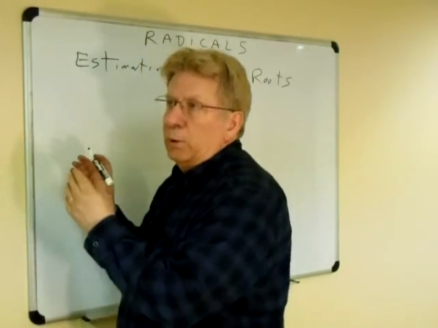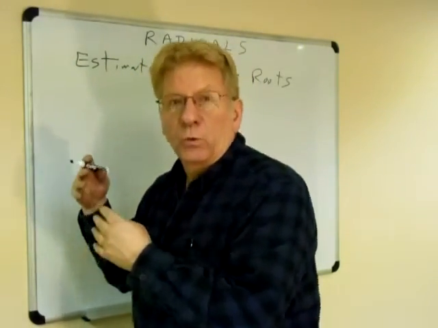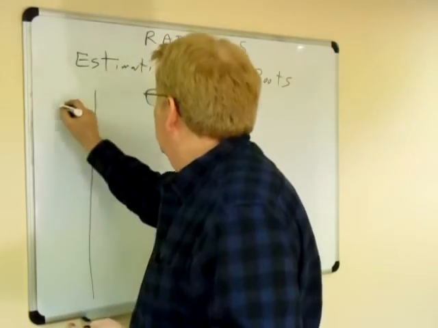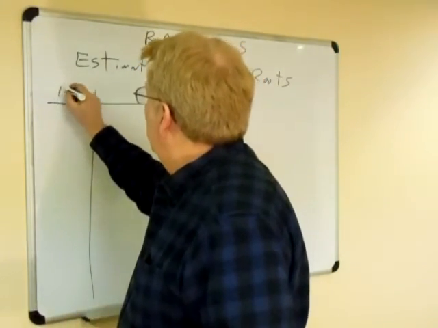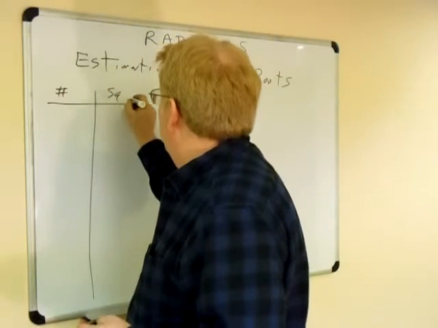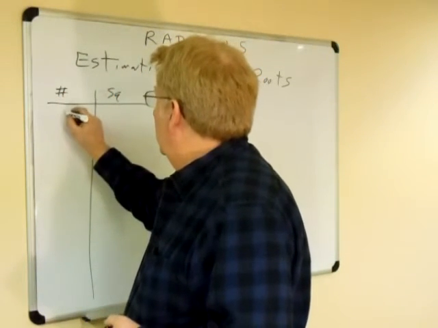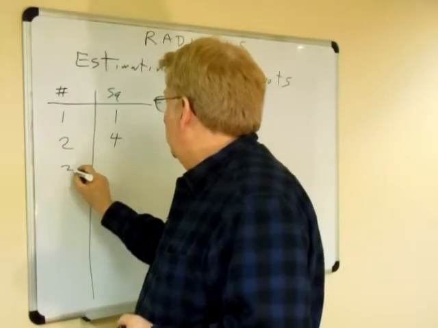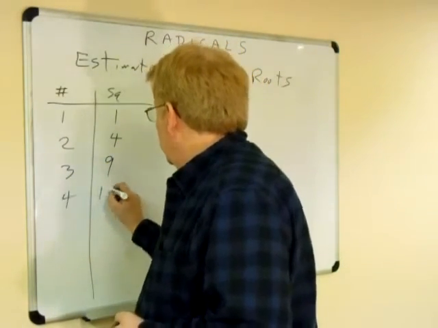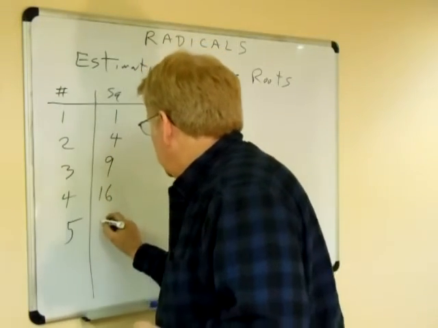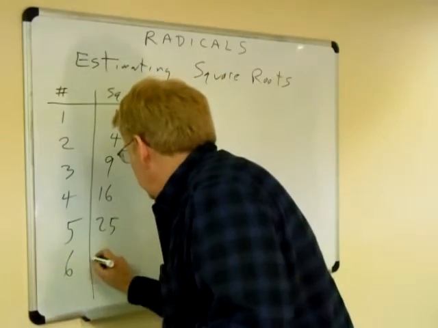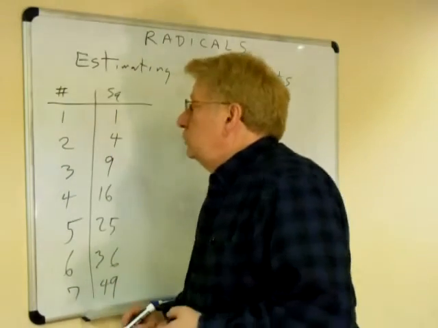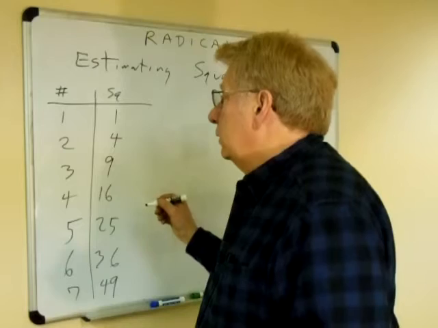For each number, like 1, the square is 1, we made a column, the number and its square. So we could have 1, 1, 2, the square of 2 is 4, for 3 it's 9, for 4 it's 16, for 5 it's 25, 6 is 36, 7 is 49. So it helps if we know those.